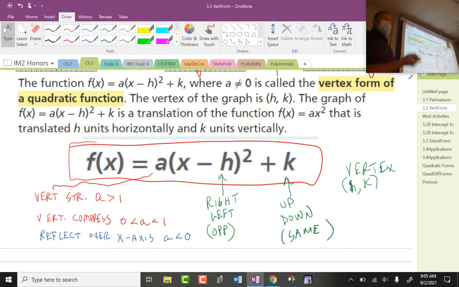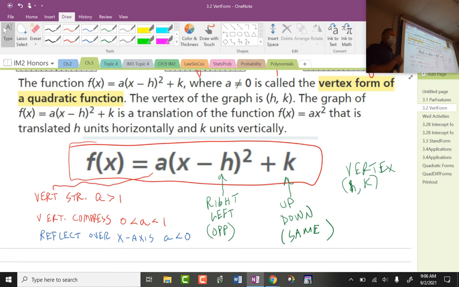Does make a parabola look skinnier. Never say that, though. And then if A is between 0 and 1, that means a fraction that is less than 1, then it shrinks or compresses, is sometimes the word, vertically. Then notice I put in blue. Separate from stretching and shrinking is the idea of A is negative. That's just a flip.